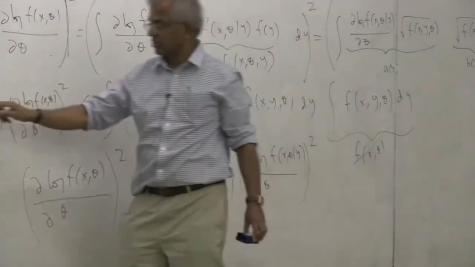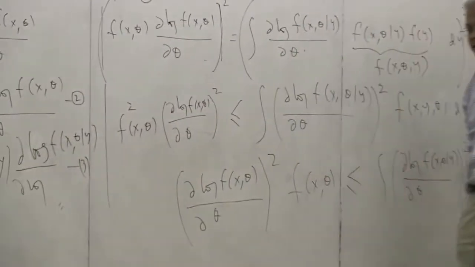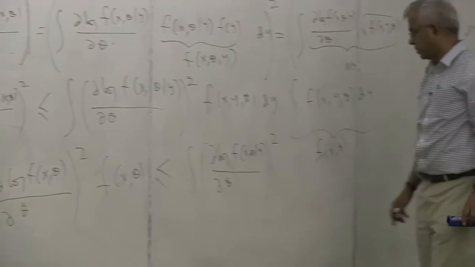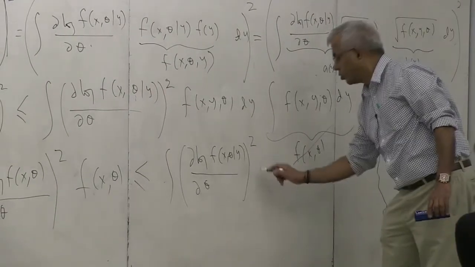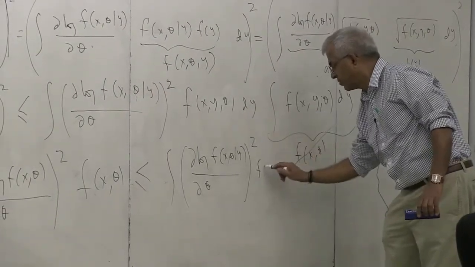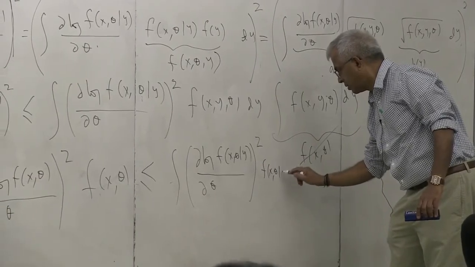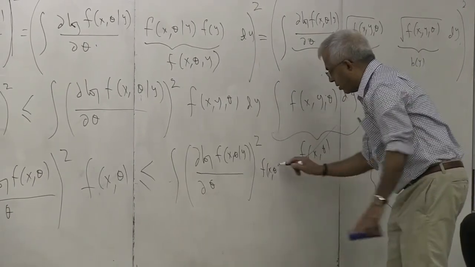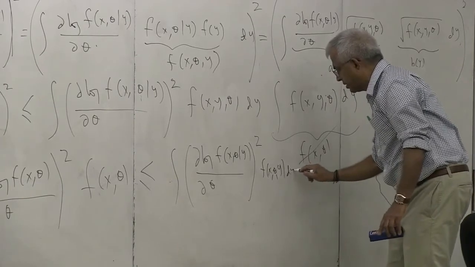I took care of this, I just cancelled this, so I get only 1. So multiplied by this function, f of x comma theta, y comma y dy. Let me write it somewhere else.